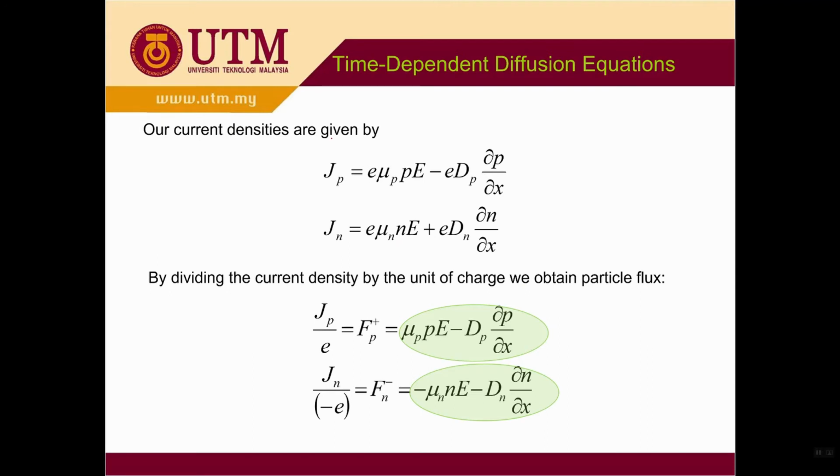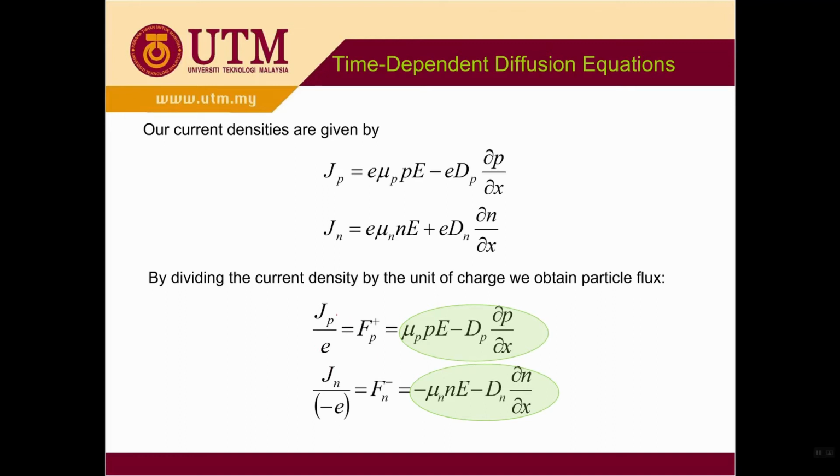The current densities are given by this equation, J. Current density, the ampere per unit area, is given by this equation. If you divide your current density by the electron charge e, you can get the flux.